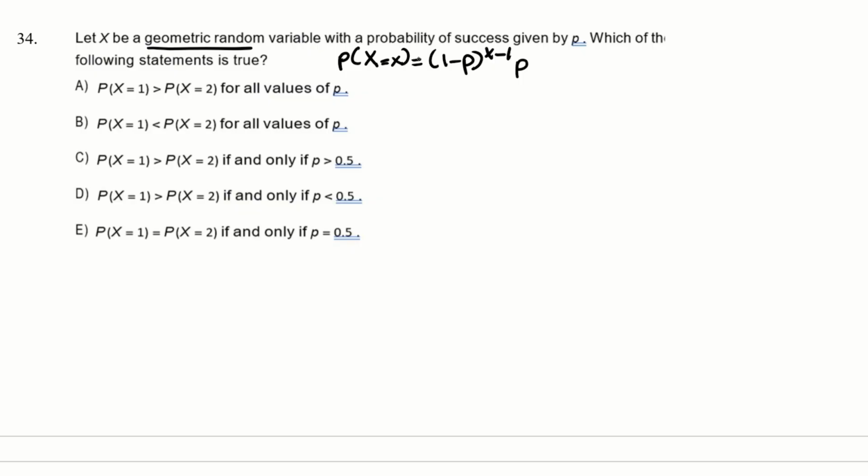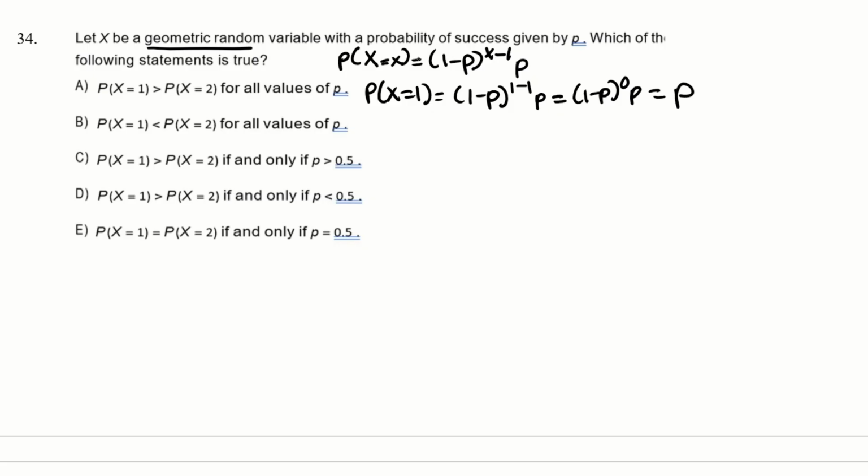All right, so let's see if that's true. So P of x equal to 1 is 1 minus p to the 1 minus 1 power, right, times p. So 1 minus 1 power, that's 0. Anything to the 0 power is 1, guys. So this is going to be 1 times p, or p.